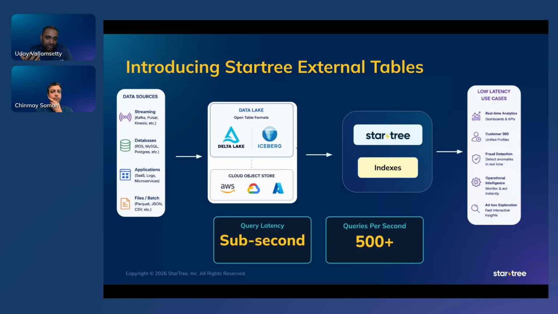Now, Pinot relies heavily on indexes to essentially reduce the amount of work you do for answering the question, right? What is the total number of users that logged in the last 1 hour? Well, I don't want to actually do the count. I want to come up with a shortcut to be able to answer that question. That is where all the indexes come in.